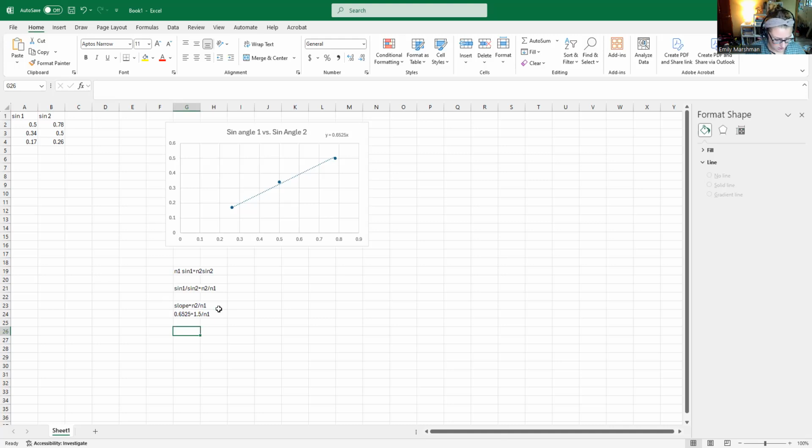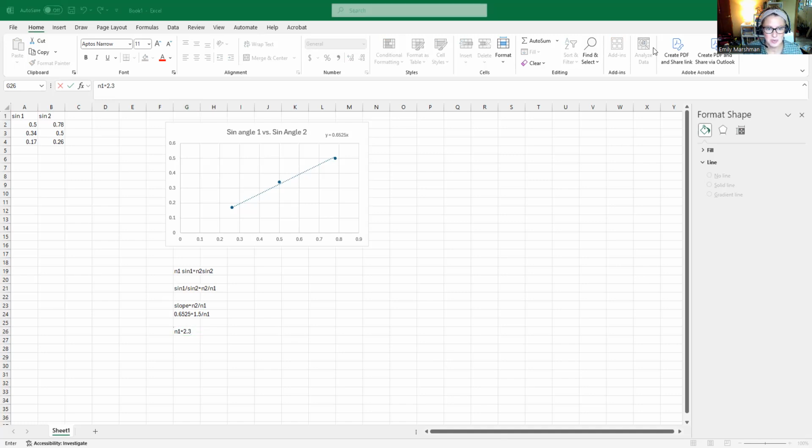So if I solve for n1, I get 2.29 index of refraction. Well, it's basically about 2.3. That's a pretty high index of refraction.